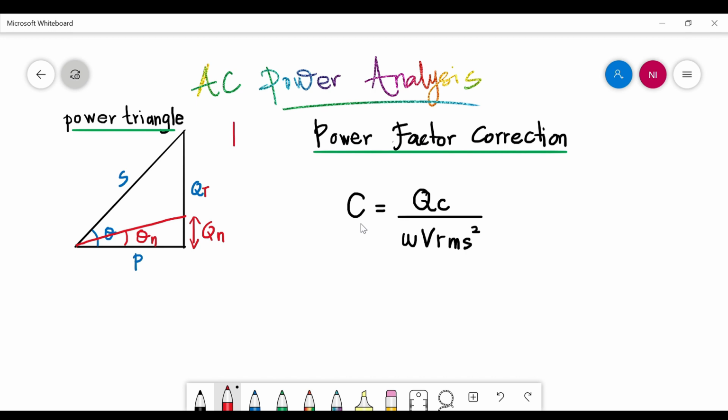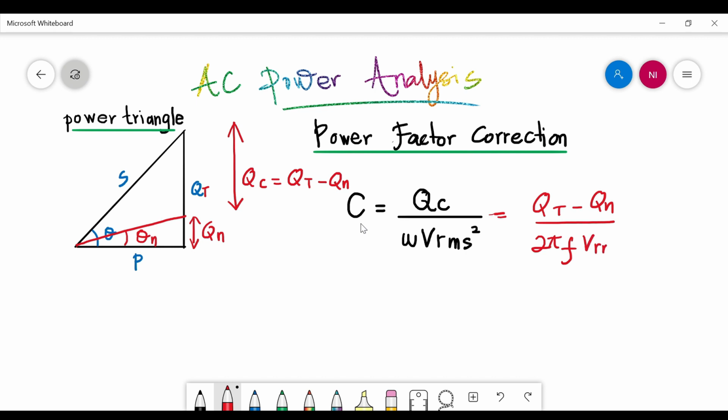So you can see here Qc equals Qt minus Q new. Then you insert it: Qt minus Q new over omega, which is 2 pi f, times Vrms squared. Okay, that's all for this chapter.